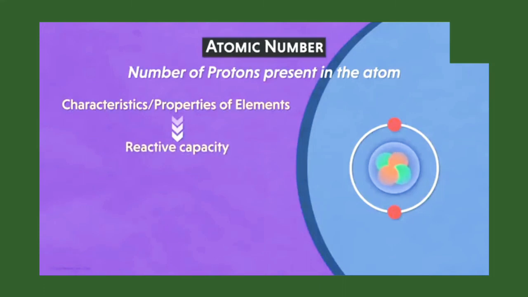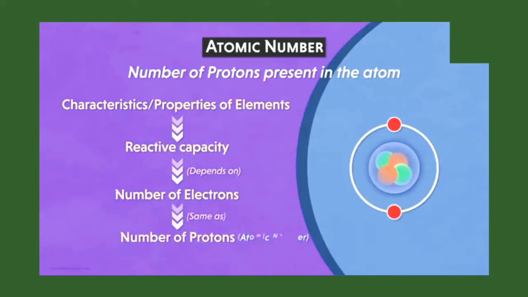We also know that the reactivity depends on the number of electrons present in the atom. And the number of electrons is the same as the number of protons. So this is why the characteristics of atoms are largely dependent on the atomic number. That is the reason the atomic number, or simply the number of protons, is important to us.